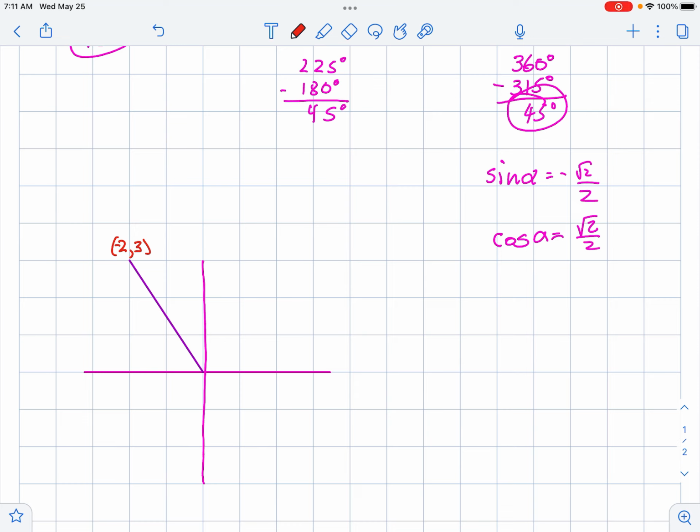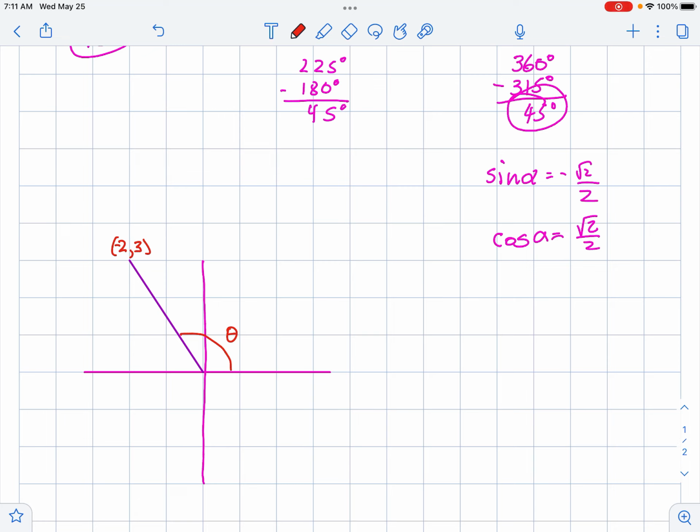See, over 2 and up 3, yeah. So let's suppose we want to find, and I'll call this angle theta, all the way around there, the 6 trig functions for theta. We're told that the endpoint of the terminal side of that angle is the point negative 2, 3.